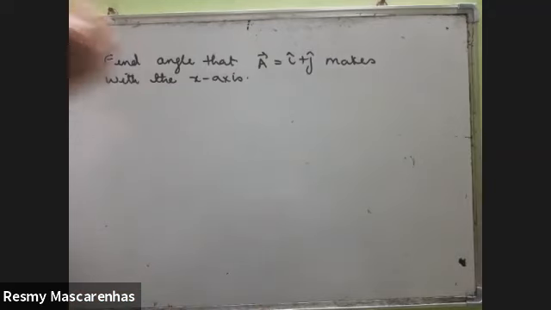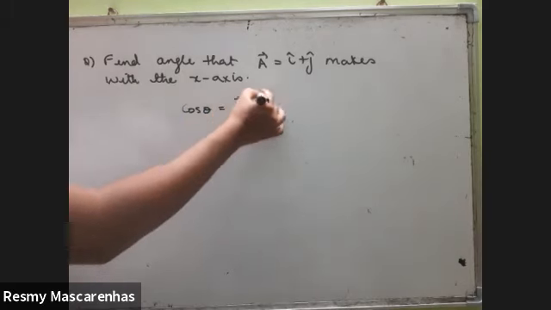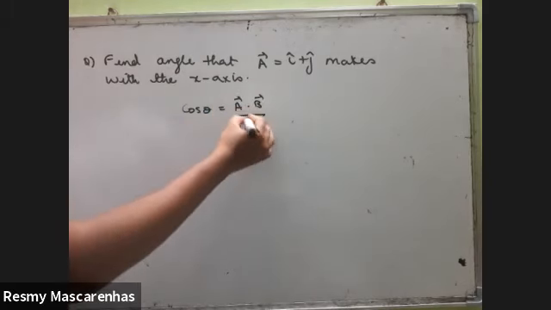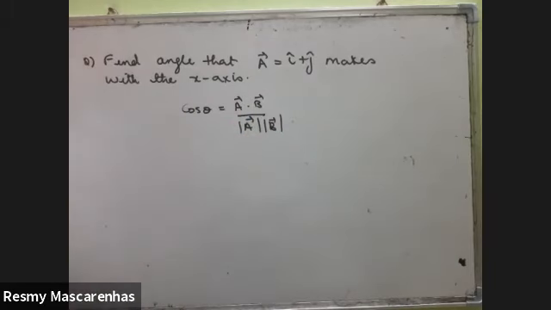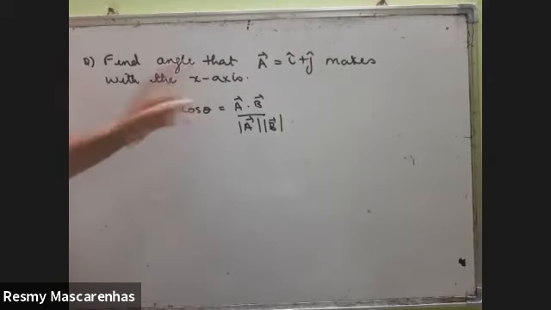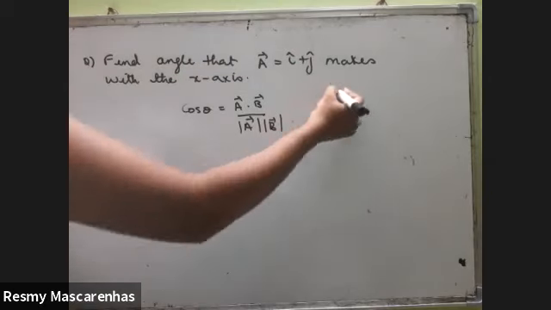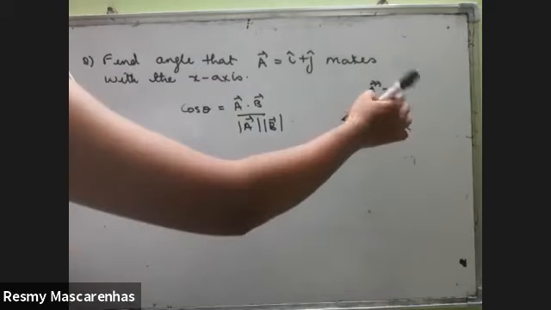Definitely, since an angle has been asked, you need to know cos theta, that is a bar dot b bar upon the product of the magnitudes. This is the formula to find the angle between any two vectors. Now one vector I already have. Now I want the x-axis. This is theta; the rest is not required, this is the x-axis.